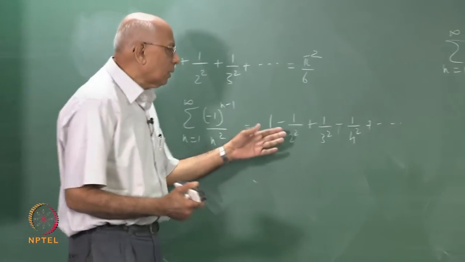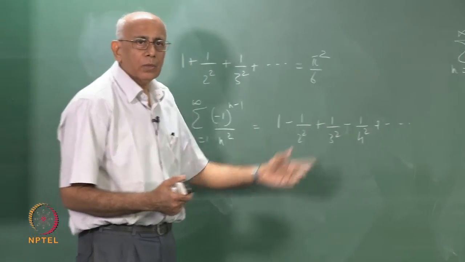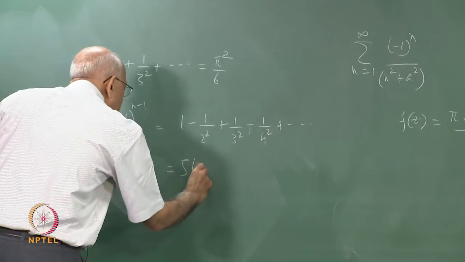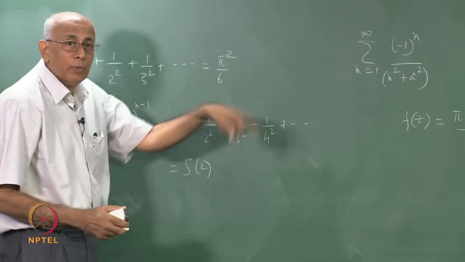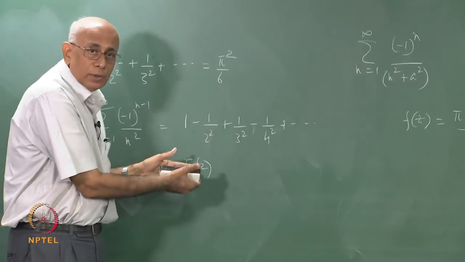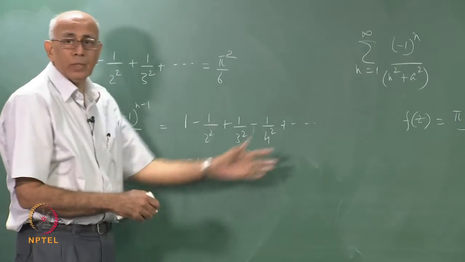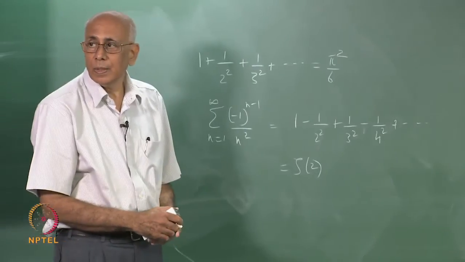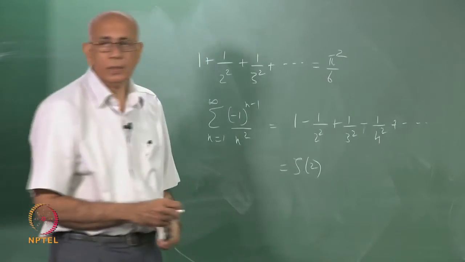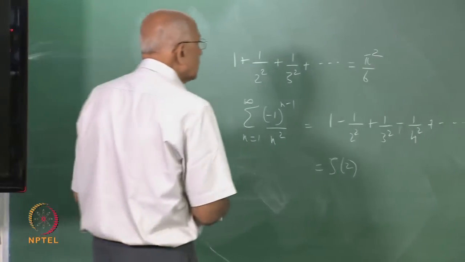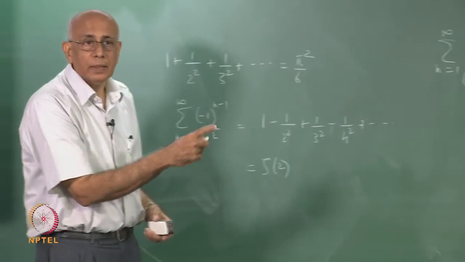You add and subtract this term here. So what you write is equal to, you add the whole thing, you get zeta of 2, and then you subtract twice this series. But then you pull out a 1/4 on this side, and then you subtract the series, and that series is again the zeta function, right? So the whole thing is just 3/4 of zeta of 2, and 3/4 of this is going to be pi squared over 8.